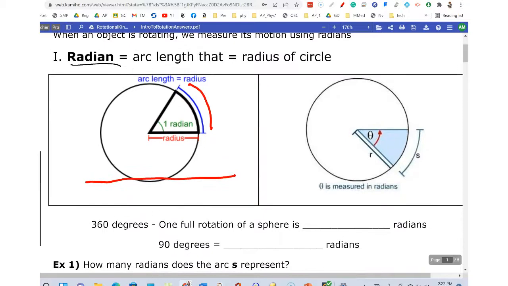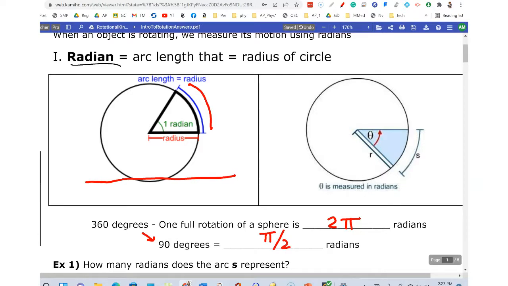Now, if a basketball rotates 1 full rotation, that's of course 360 degrees, but in radians it's rotated 2 pi radians. So 360 is 2 pi radians. 90 degrees, which is a quarter of 360, what's a quarter of 2 pi radians? Pi over 2 radians.